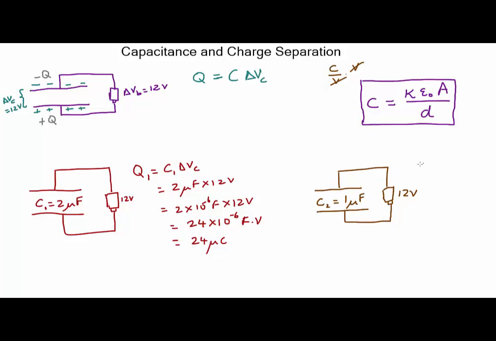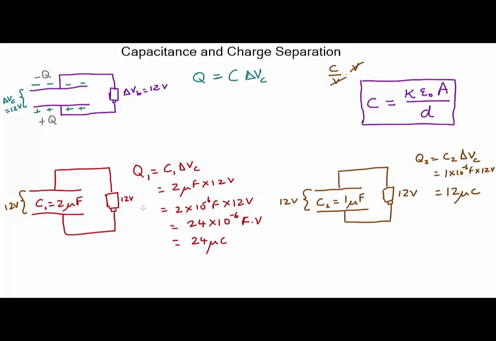In this case, using that same equation, I would get Q2 equals C2 times delta V_C, and when the capacitor is fully charged, the potential difference for the capacitor would be 12 volts, same as the battery's value. So now I have 1 times 10 to the negative 6 farad times 12 volt, which gives me 12 microcoulomb. So in both these cases, the potential difference across the plates of the capacitor reached 12 volts.